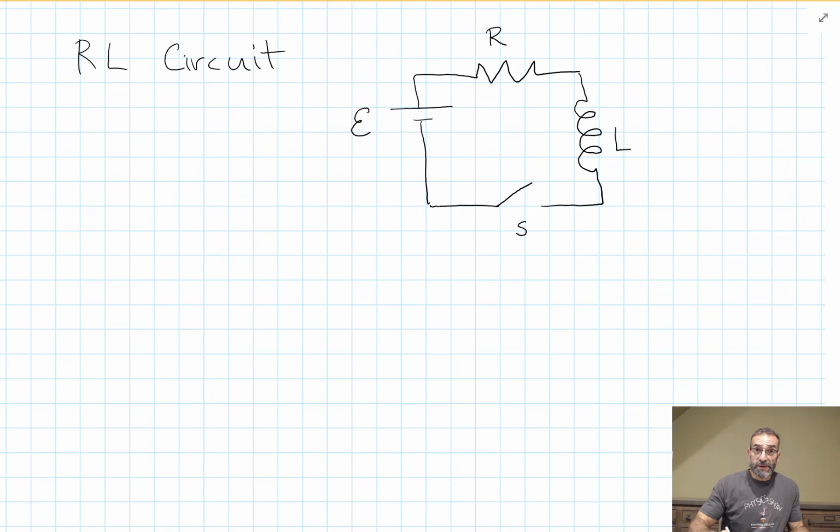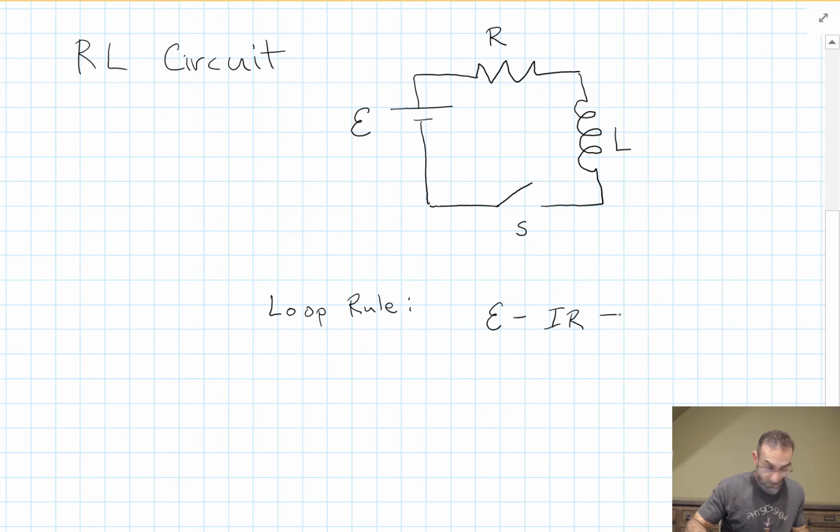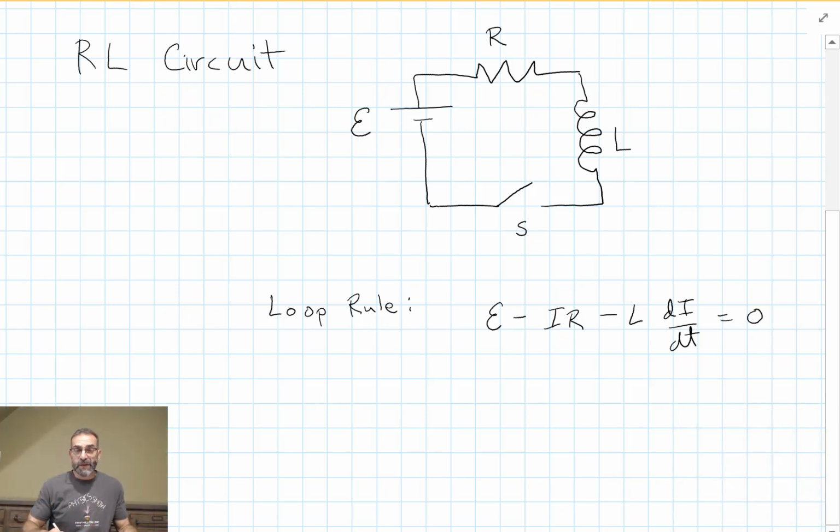If we go around this circuit and do the loop rule, we get a differential equation. Your book works through the details, but I'll give you the solution here.